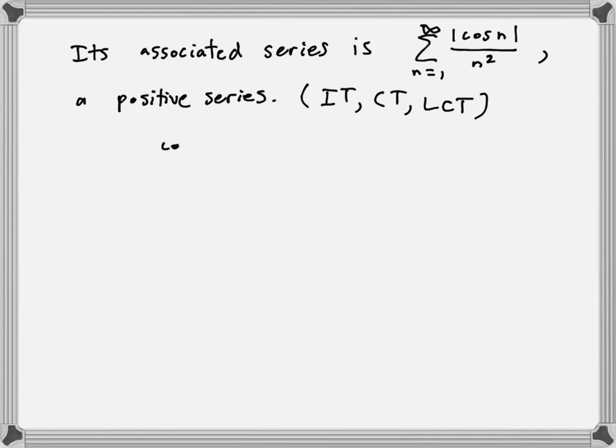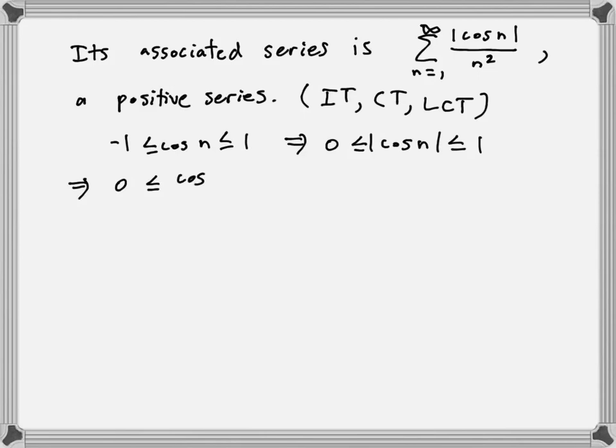We know that cosine of n sits between -1 and 1, which isn't very helpful, but if you look at the absolute value of cosine of n, this means that it sits between 0 and 1, right? Because it can't be negative. Which means that if you divide all of those by n squared, our series sits between 0 and 1 over n squared.